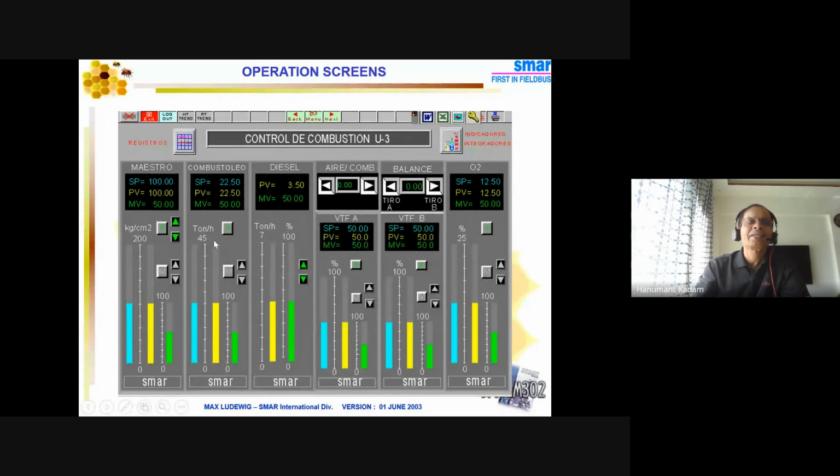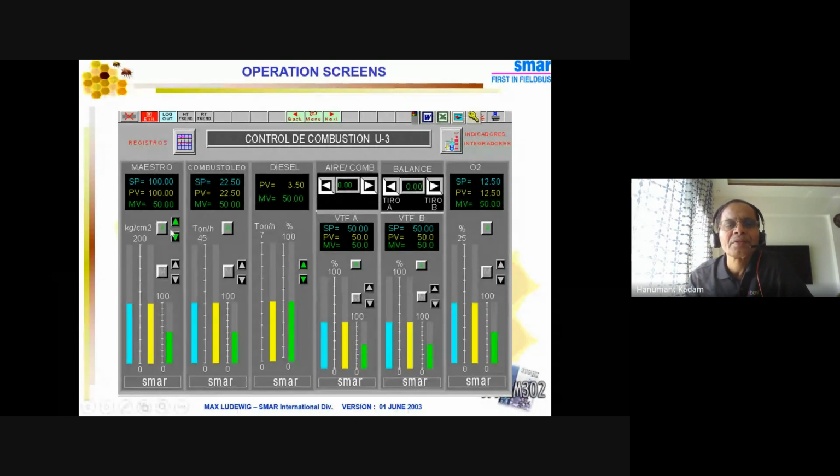This is for indication purpose shown, but this is one faceplate of one controller. Similarly, in one screen, you can configure a maximum of eight, or depending on the resolution of the screen. But eight is a standard. Eight faceplates you can configure, which are critical for that particular section, combustion control.